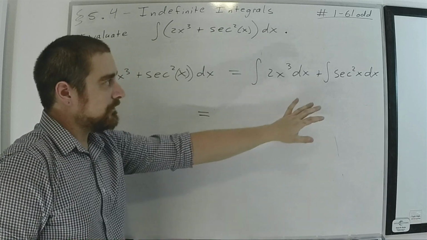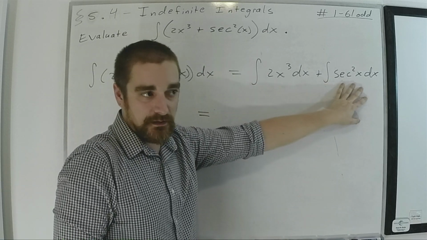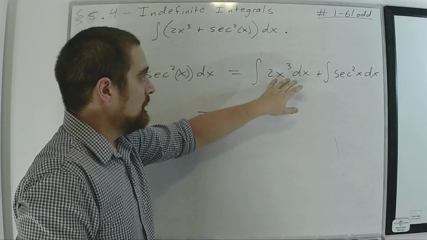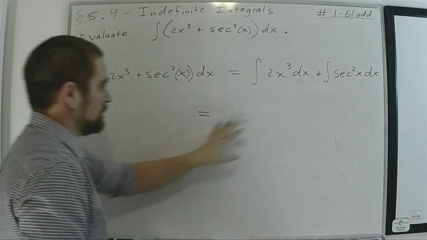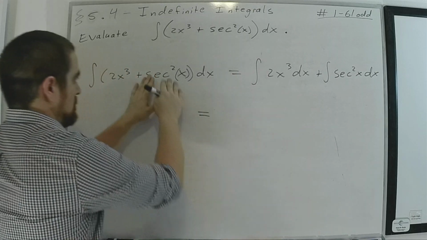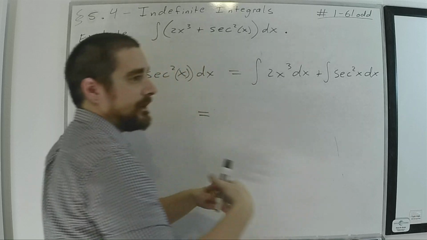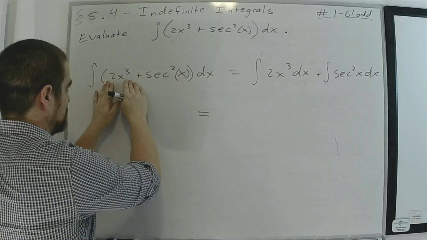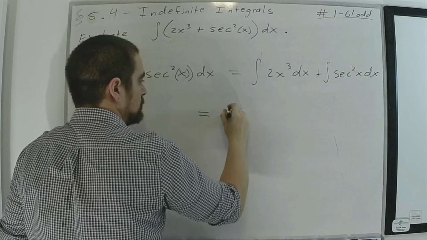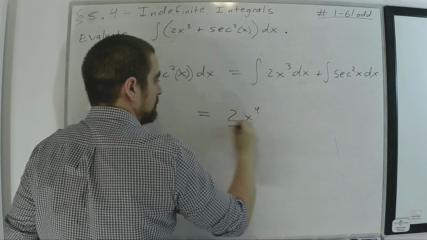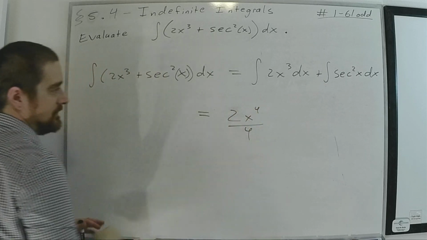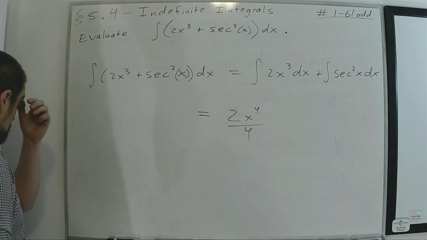Now, quite often we don't write this step because we're very comfortable, once we practice learning how to anti-differentiate, that we know we're going to do it in our head, this term and then this term. And by that I mean anti-differentiate 2x cubed. You will get 2, well, let me write it out, 2x to the 4th divided by 4. Raise the power plus 1, divide by that new power. So again, I'm being very explicit there before I simplify.